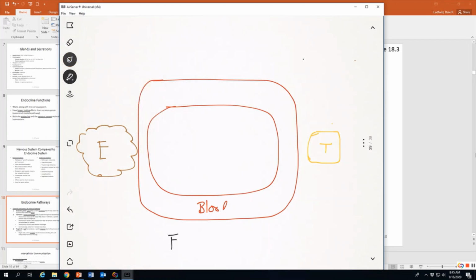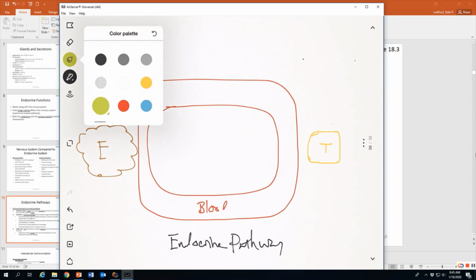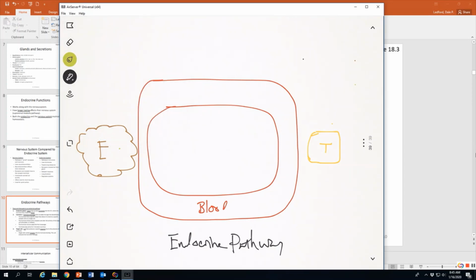So what is happening in an endocrine pathway is this endocrine gland will release hormones into this space here. It releases hormones into the space. They diffuse into the bloodstream.